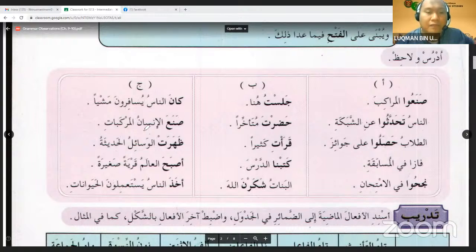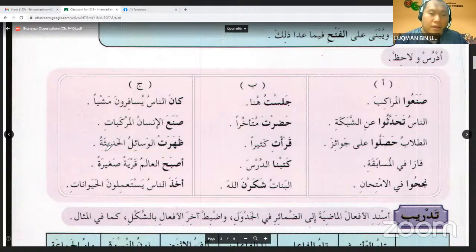created, crafted markabat, small transportation tools. ظهرت الوسائل الحديثة.